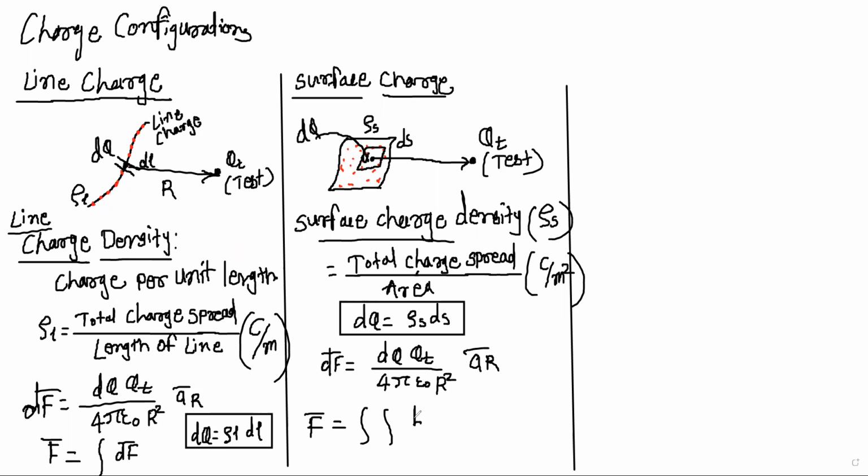It would be double integration for the case of surface integral. df bar, right? So this is the way in which you can calculate the force due to a surface.